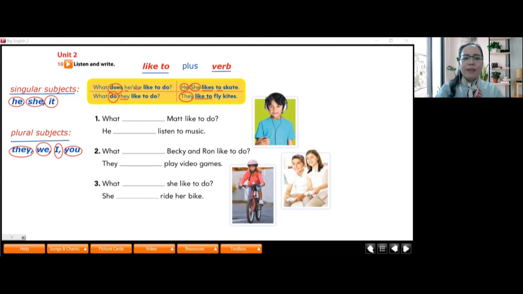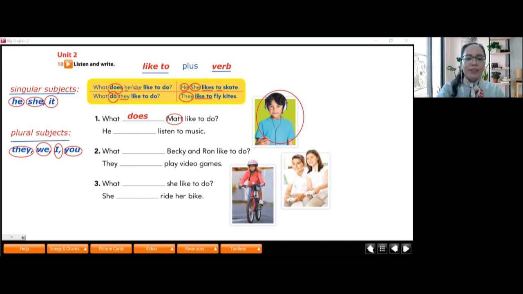Since the subject is a singular subject, like the name of a person here, the name of this boy is Matt, we know that we have to use the verb does.